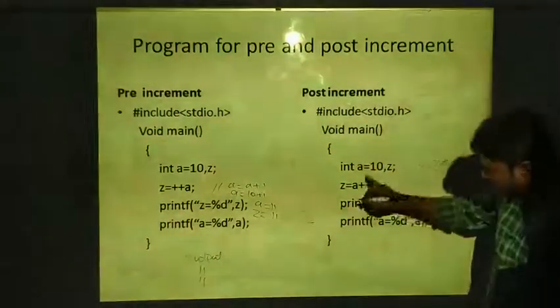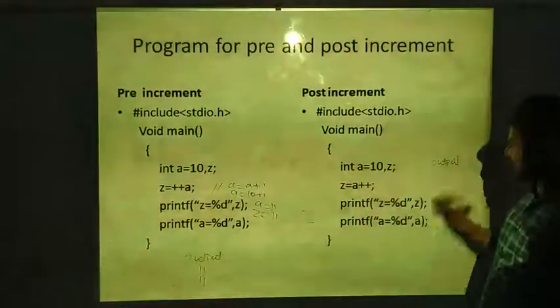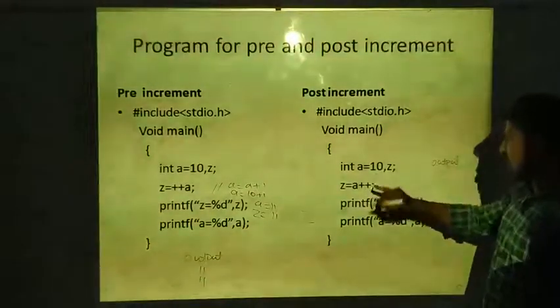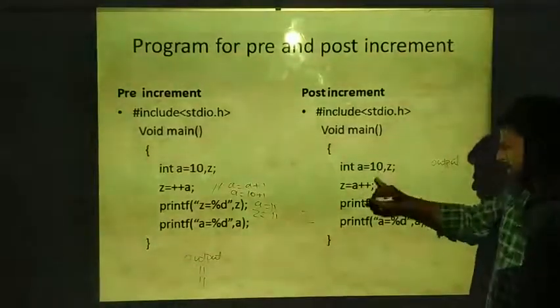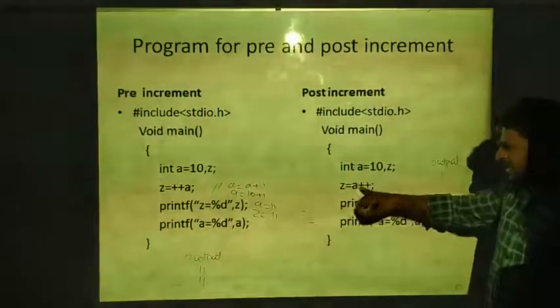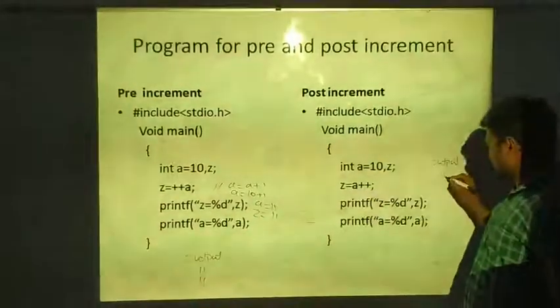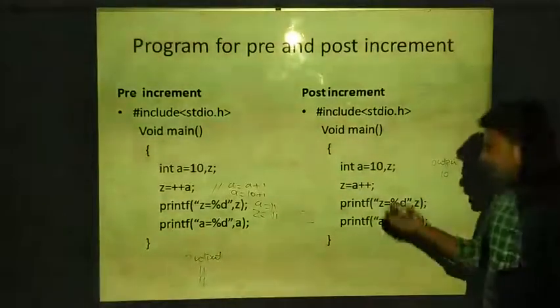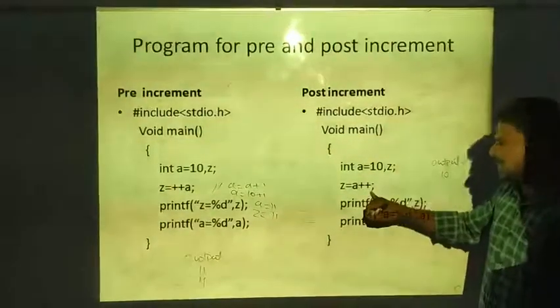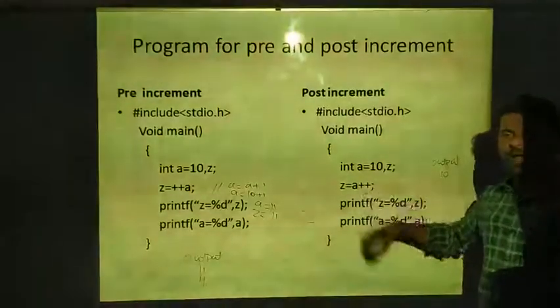In post increment, first the Z value is printed. Here A is equal to 10, right? So A is equal to 10 means it takes the value as 10, Z is equal to 10, and 10 only it prints first. Then after that, A plus plus means it increases the value by 1.